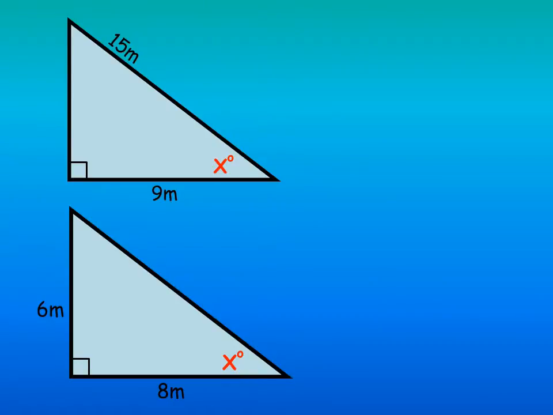So let's try that with some more examples then. So first one, label opposite, hypotenuse, and adjacent. We are not using the opposite this time, so we're left with A and H, so that is of course CAH. We are looking at the angle, so we cover the cos.